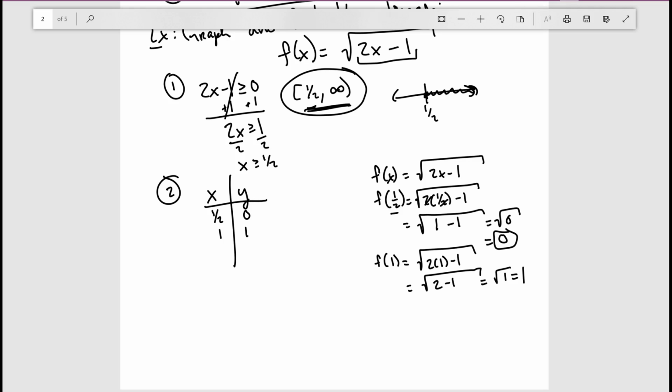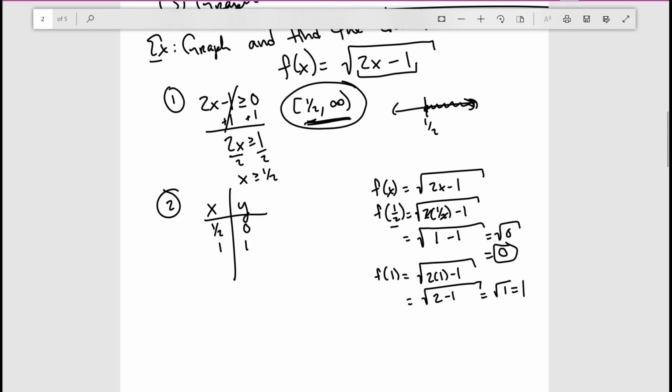Now if I plug in 2, I can plug in 2 really easily, but notice when I plug in 2, I'm going to get 2 times 2 is 4, minus 1 is 3. That's not quite a really nice number, because I don't know what the square root of 3 is. I can put it in my calculator, but then I'm going to have a whole bunch of decimals. So let's try to choose a number that will give me a perfect number.